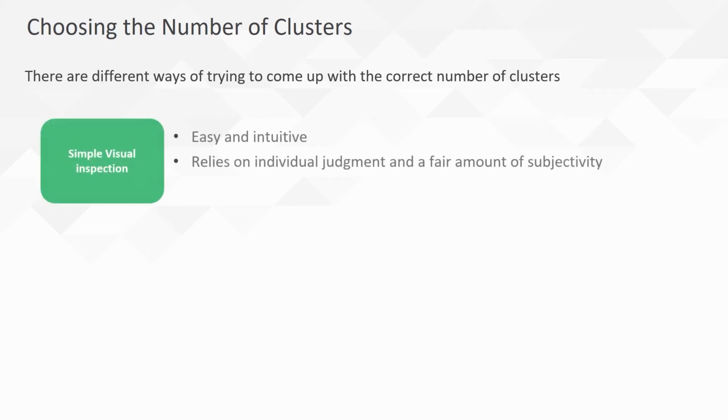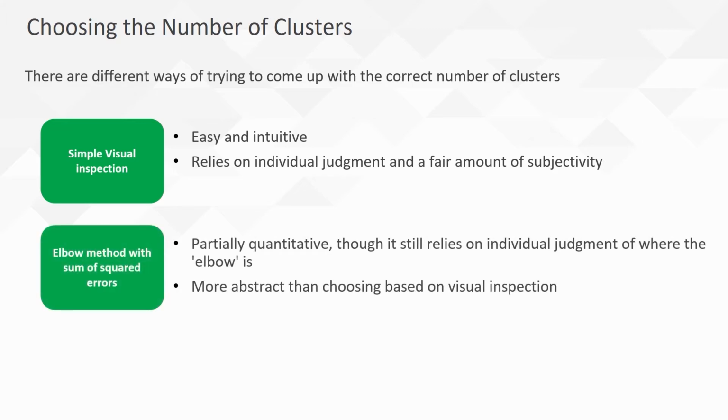We will learn about simple visual inspection, which has the advantages of being easy and intuitive, but relies heavily on individual judgment and subjectivity. We will then learn about the elbow method with sum of squared errors, which is partially quantitative but still relies on individual judgment and is more abstract than choosing based on visual inspection.